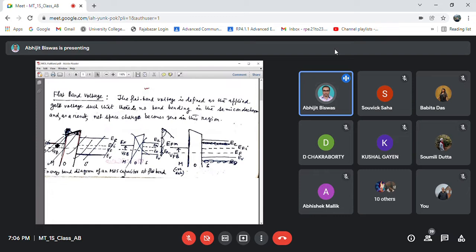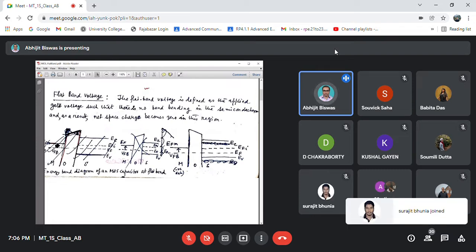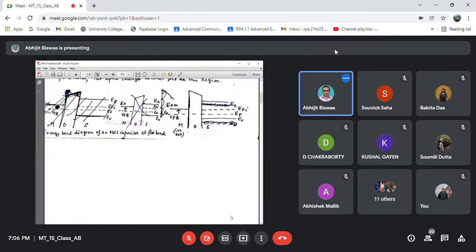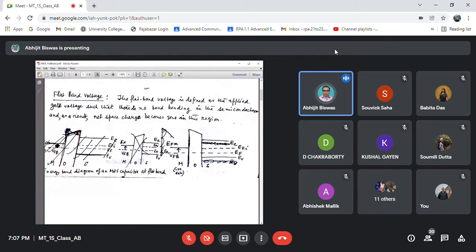We need to apply some negative voltage at the gate terminal to make the semiconductor bands flat. Why is it so? Can anyone explain or guess?